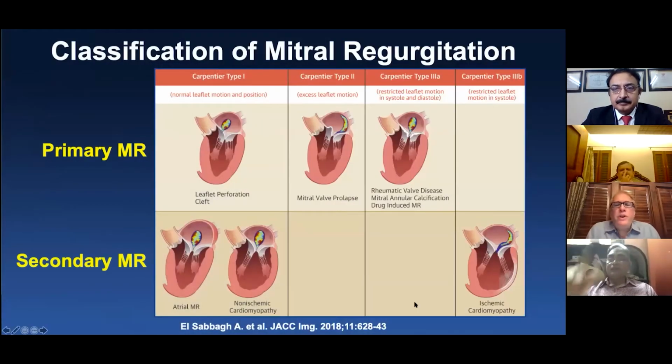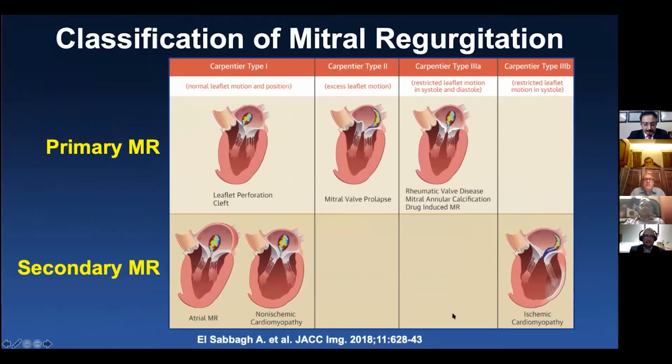I think when we consider mitral valve disease, it helps to go back to the original Carpentier classification, which still is useful. As you recall, Carpentier broke up mitral regurgitation into type 1, which is normal leaflet motion in position, type 2, excess leaflet motion, type 3A, restricted leaflet motion throughout the cardiac cycle, and type 3B, which is restricted leaflet motion in systole only.